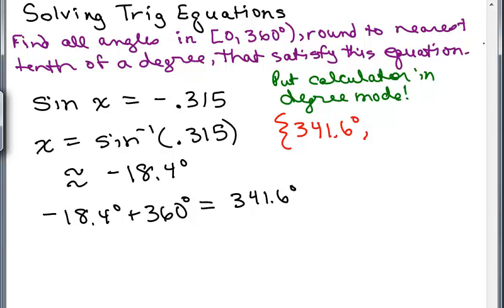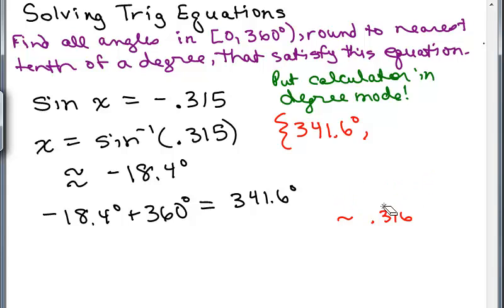So if you want to know for sure if that's correct, let's just plug in. So in other words, what is the sine of 341.6 degrees? And let's see, when I plug it in, I get negative 0.316. So yeah, we're in the ballpark. It's because of the rounding that it might not come out exact. All right, so just make sure you understand that would be true.